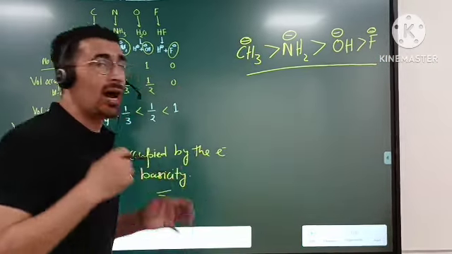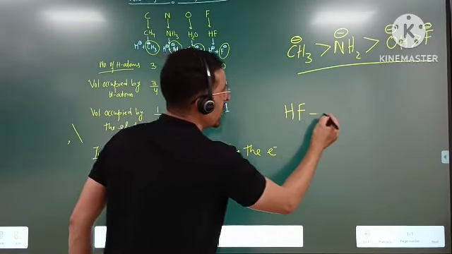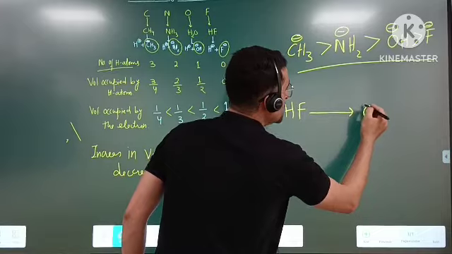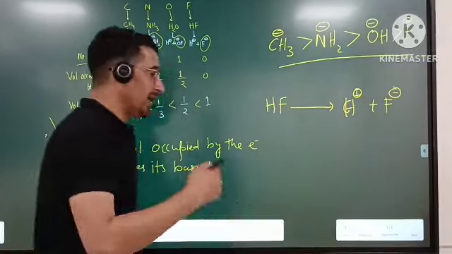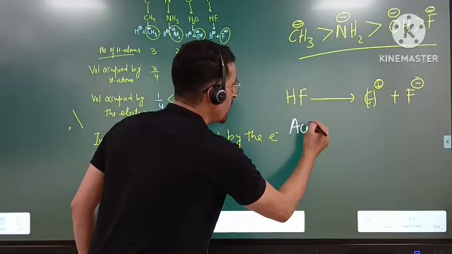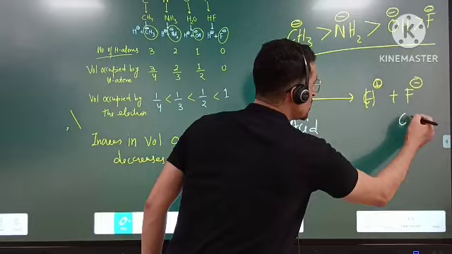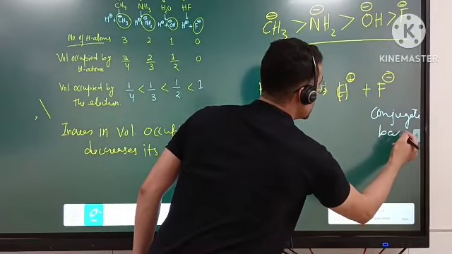Now we already know that HF is an acid and it breaks down into H plus and F minus anion. HF is an acid and F minus is its conjugate base.